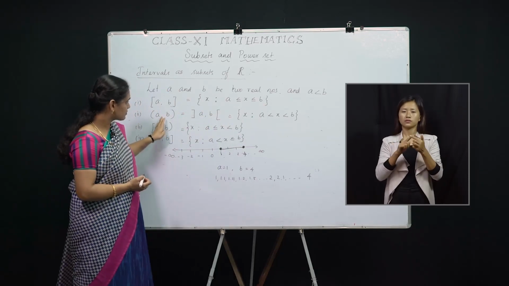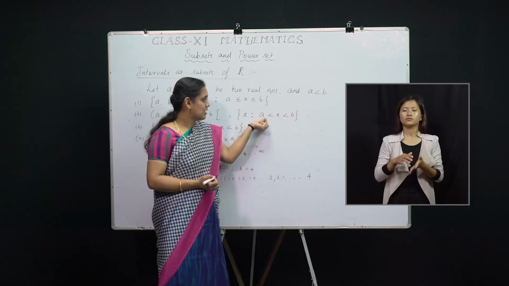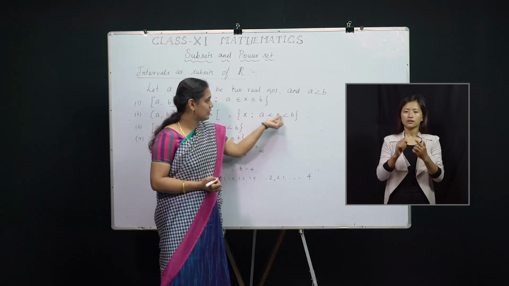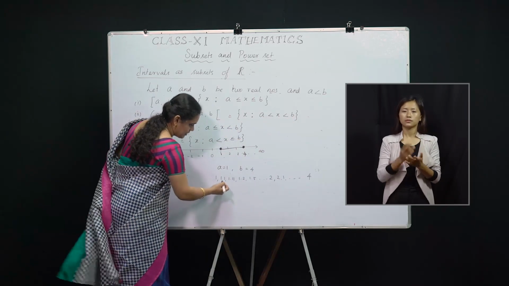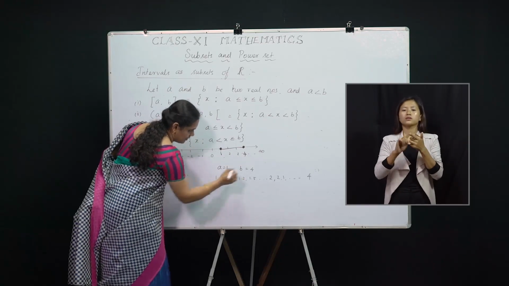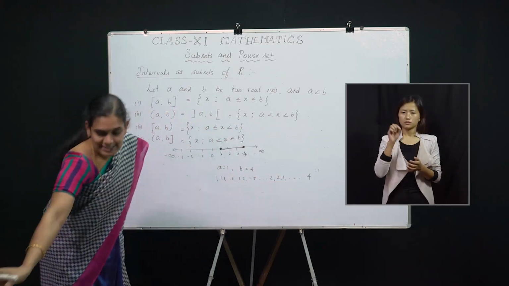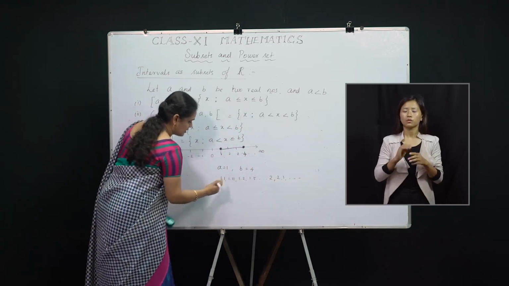And here we will not take the extreme points but the next succeeding number after A and the preceding number of B. For example, here for your understanding I am writing in decimals. We will not take this 1 and 4. We will exclude this 1 and 4, but we take all the numbers in between.